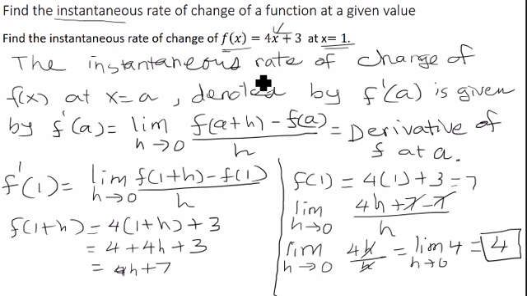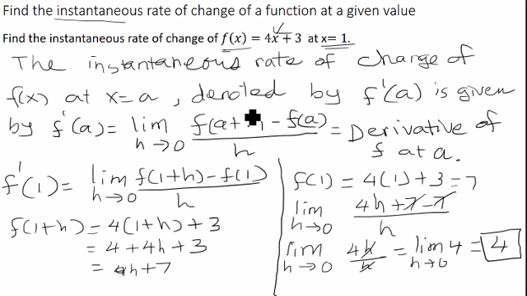So if you are a pure mathematician or going to study pure mathematics, then you will be interested more in that direction. In the business point of view, this is going to give you the rate of change, or something called the marginal rate of change of something.